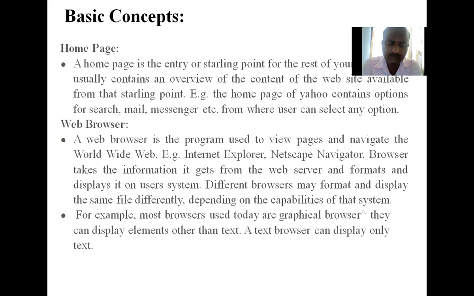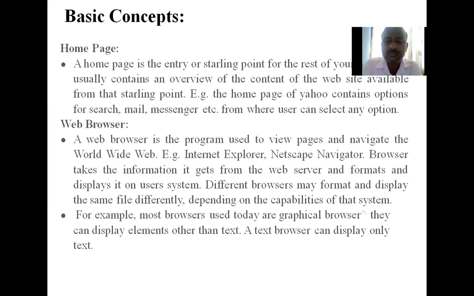Then web browser. A web browser is a program that is used to view pages and navigate the World Wide Web. For example, Internet Explorer, Netscape Navigator. The browser takes the information it gets from the web server, formats it, and displays it on the user's system.